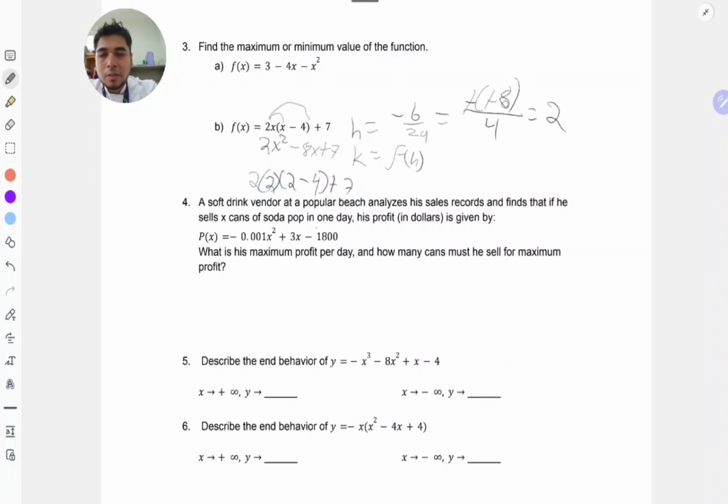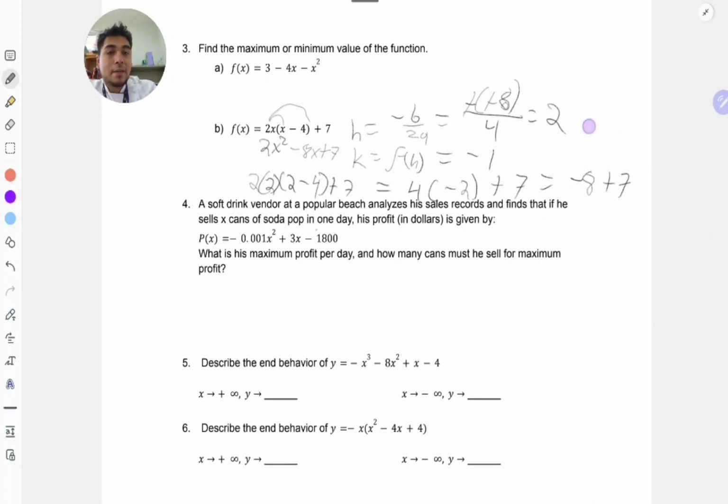Okay, so 2 times 2 is equal to 4. 2 minus 4 is equal to negative 2, plus 7. So 4 times negative 2 must be equal to negative 8, plus 7. And that's the same thing as 7 minus 8, which means that k must be equal to negative 1, right? So then our h and k value is 2 comma negative 1.